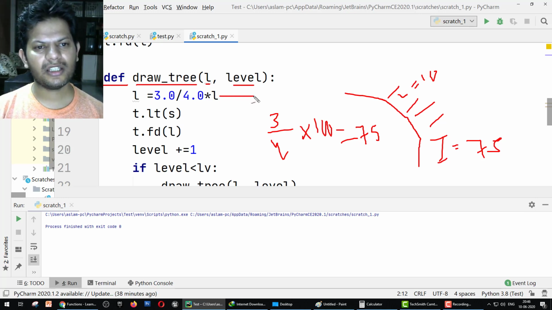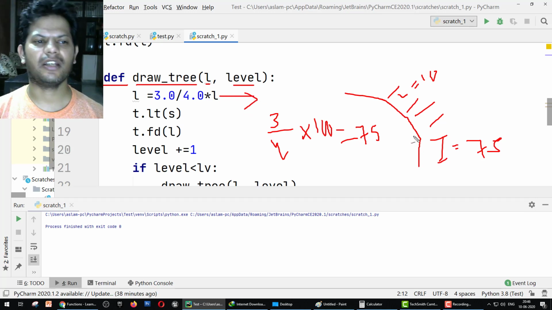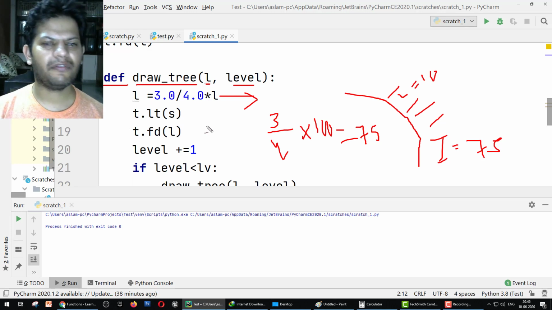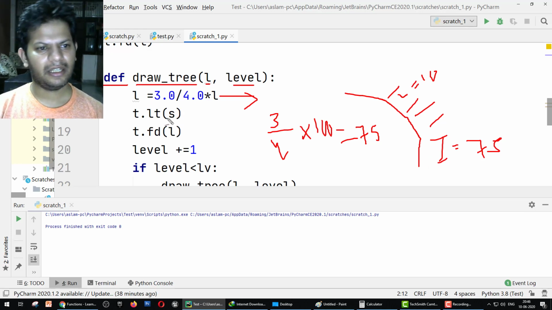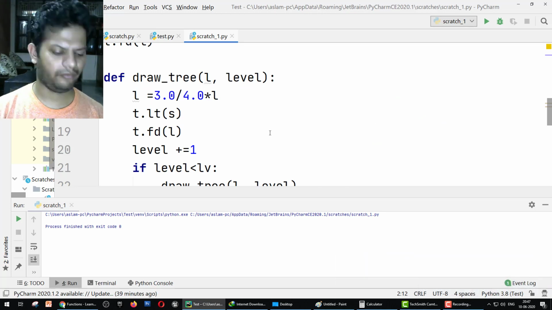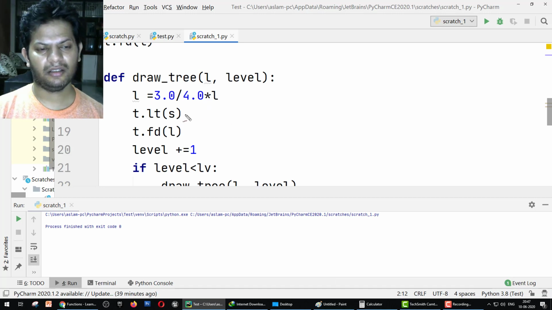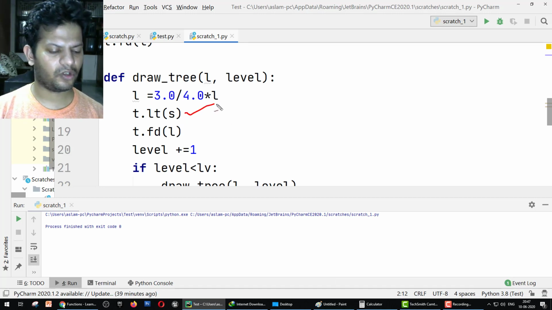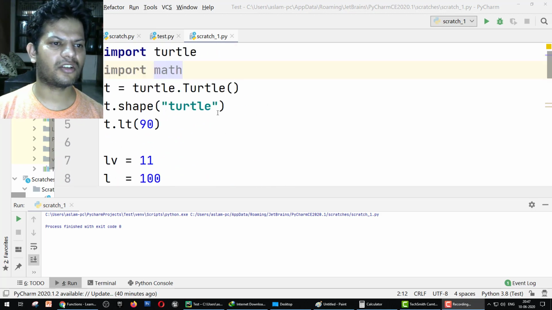Okay, due to this the length is decreased every step. And t, first of all, the first length is 75 and the angle is 17 degrees. The angle is left, 17 degrees, because we already defined s equal to 17.